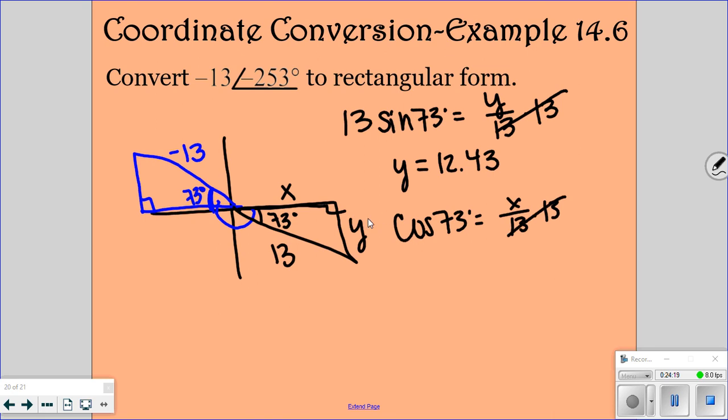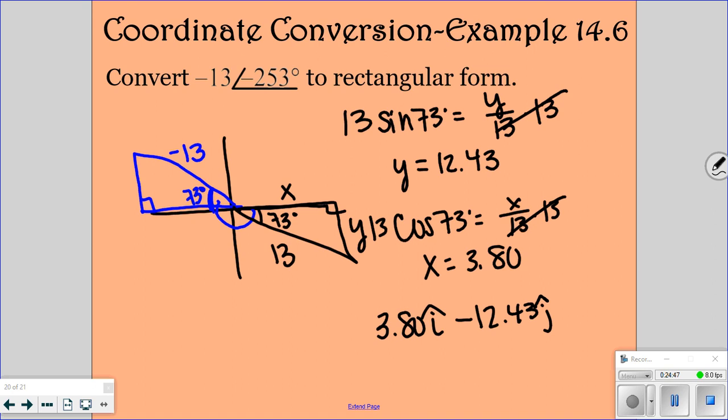So again, multiply by 13 on both sides, and that'll give you x equals 3.80. And so the way that you write your answer, we went to the right, so that's a positive x value. And then we went down, so that's a negative y value. And that would be it in rectangular form.